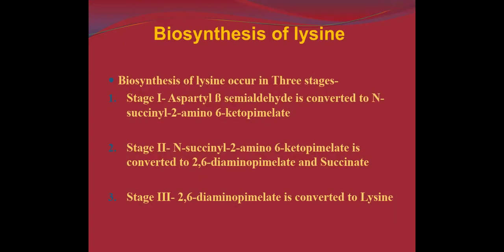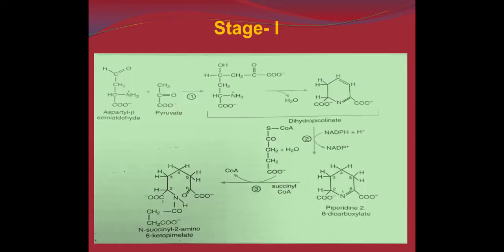Biosynthesis of lysine is completed in 3 stages. And the biosynthesis of lysine also occurs from aspartyl beta semialdehyde, which is an intermediate in the biosynthesis of methionine. In the stage first, aspartyl beta semialdehyde gives rise to N-succinyl 2-amino 6-ketopimelate. In stage second, N-succinyl 2-amino 6-ketopimelate gives rise to 2,6-diaminopimelate.